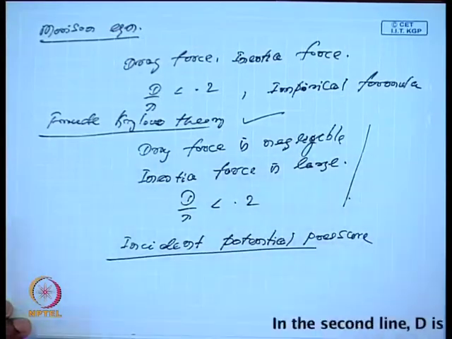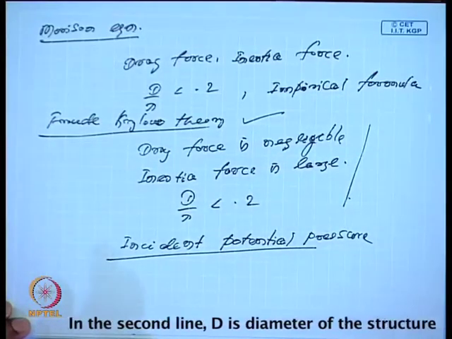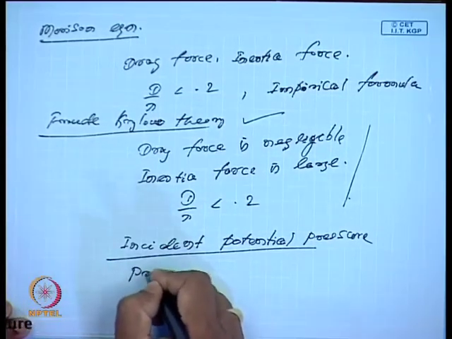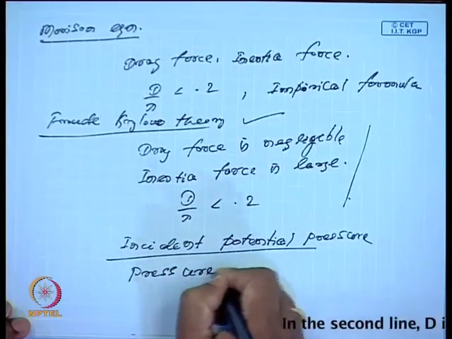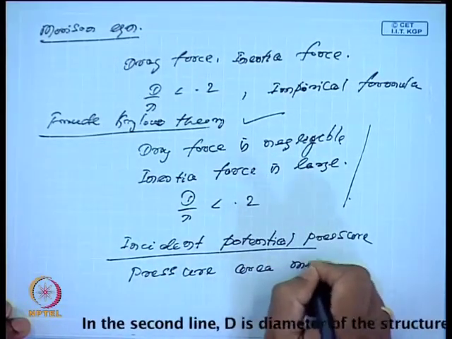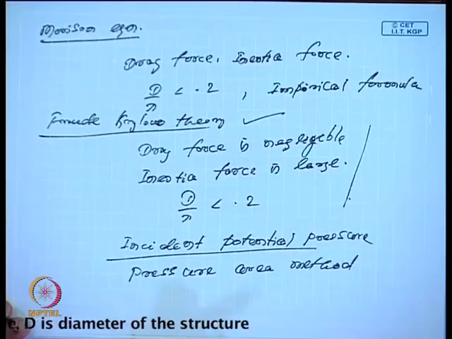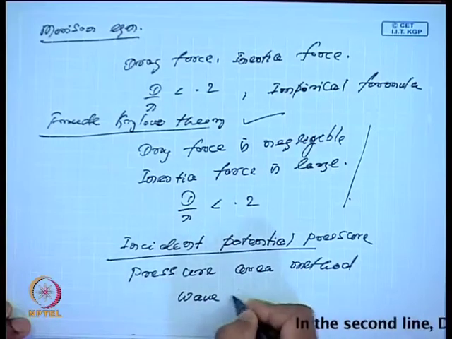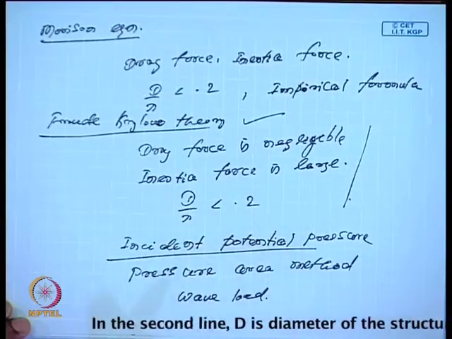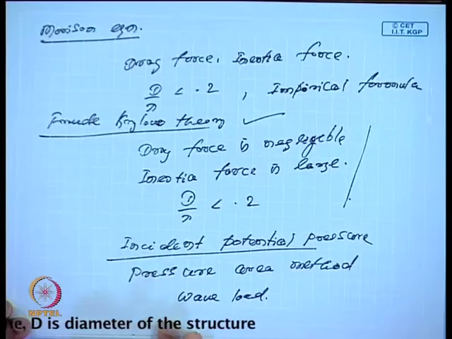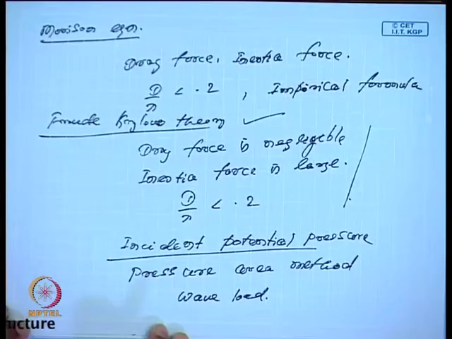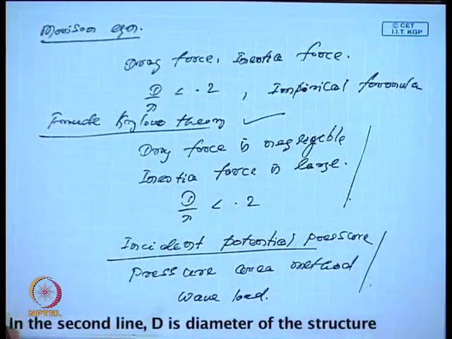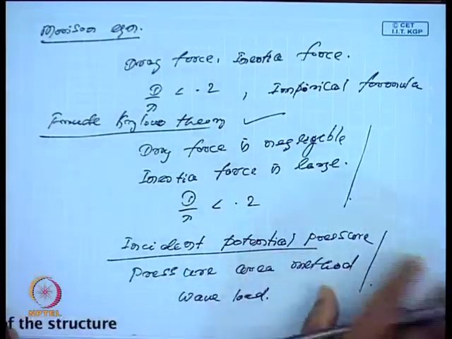Basically, it considers the incident wave and the corresponding pressure based on Bernoulli's equation, and uses the pressure area method on the surface of the structure to calculate the wave load. The advantage of this method is that for most symmetric structures, many times we get an explicit expression for the wave load. This is the Froude-Krylov theory.